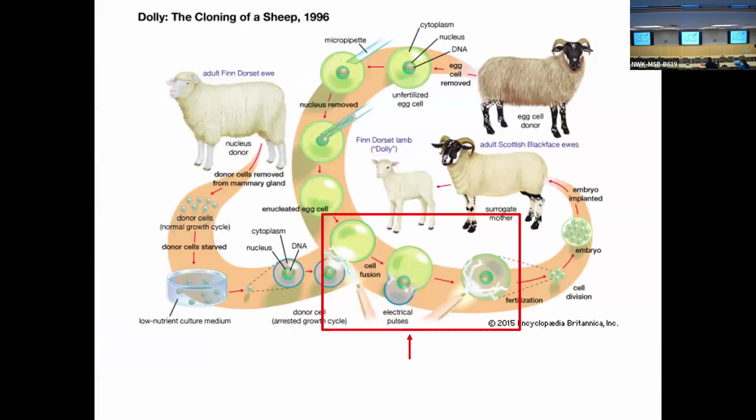These are examples. Dolly the sheep here. You have, for example, a surrogate mother. You have the embryo, you have fertilization, you have cell fusion, and you have a donor, a nucleus. And here you have somatic cell nuclear transfer.